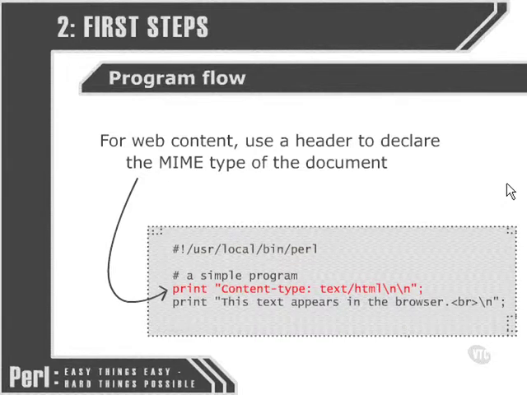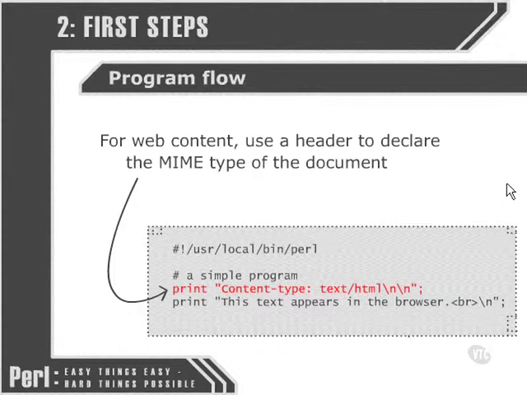What's also important, again we touched on this at the end of the last chapter, is if we're going to be running our script on the web, we'll need to include a line of code that will produce a header. Now this header has to come before any other output has been written to the web browser.